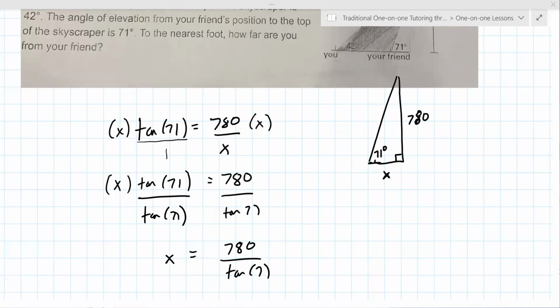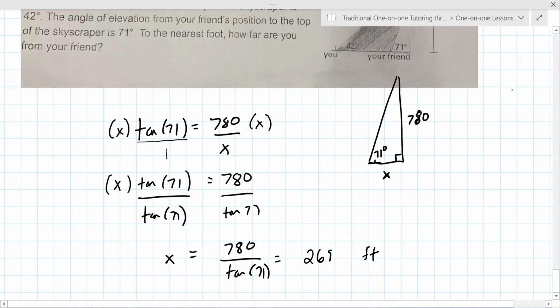All right, so do you have a number for that? I got 268.58. All right, let me double check here because this is an important one. Yes, we'll call it 269 because it doesn't really matter.